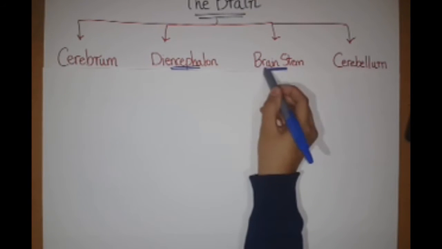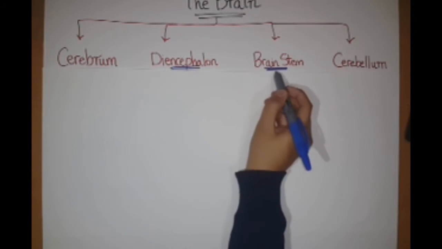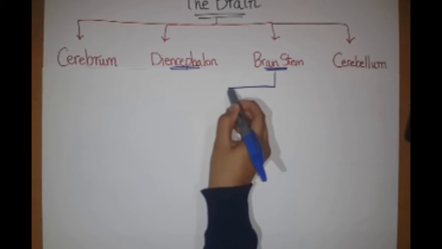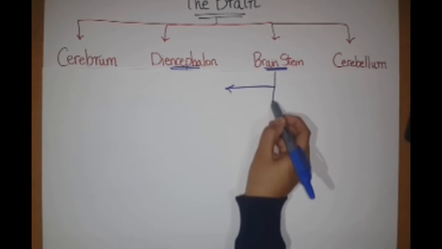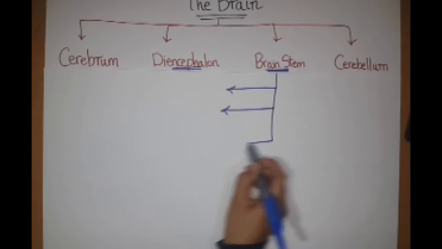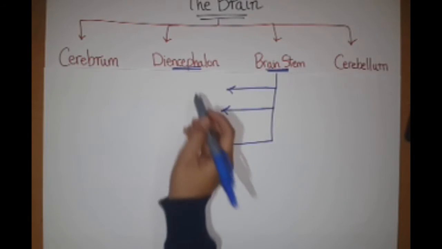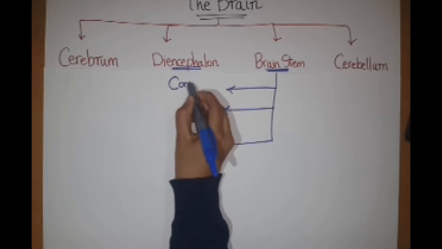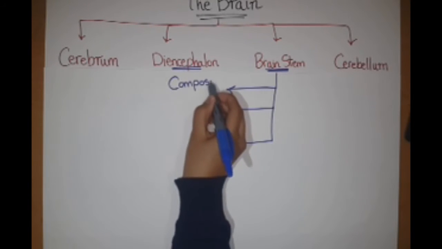Now let's move on to the brain stem. In order to talk about the brain stem, we need to subdivide it into 3 different sections. For the first section, we'll talk about the composition of the brain stem and what compartments it contains.